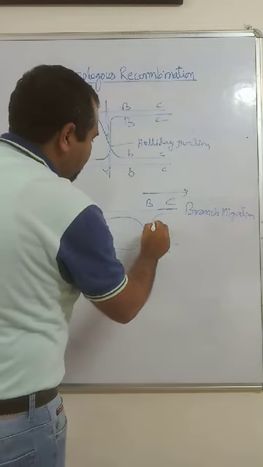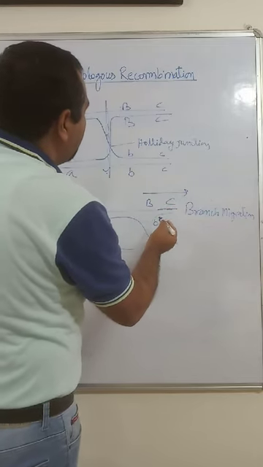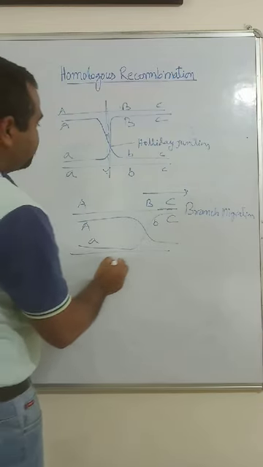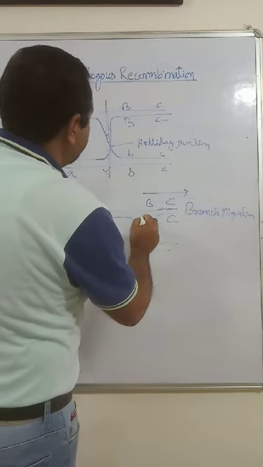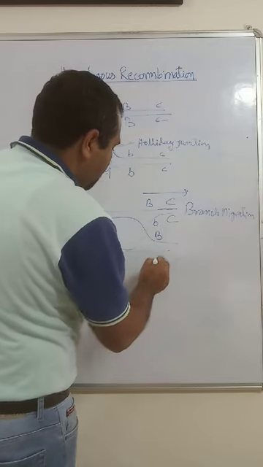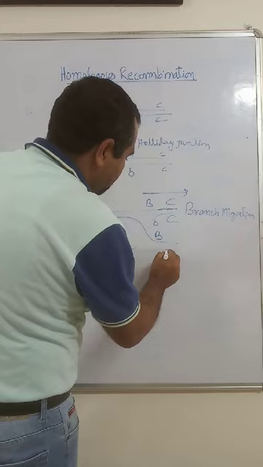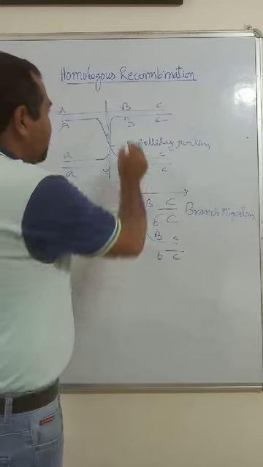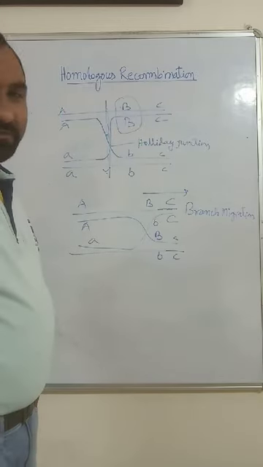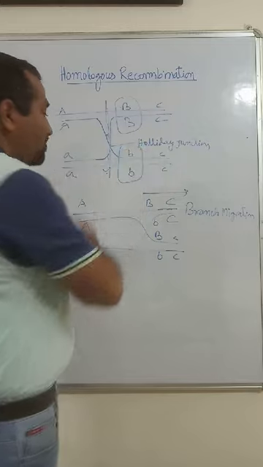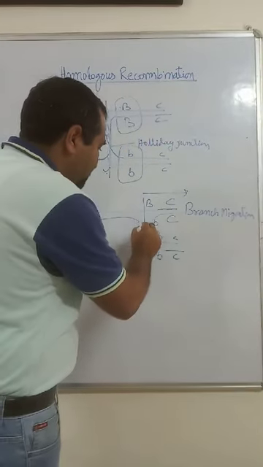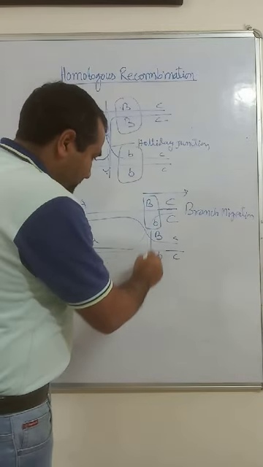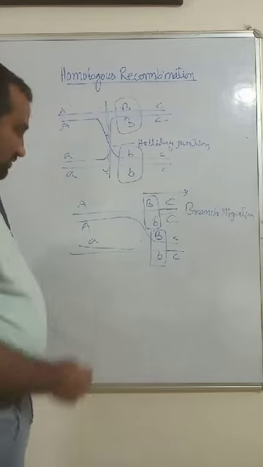So now it has become C and small b, and this is capital C, capital A. So A, and here the B has come down, B and its counterpart, and C and C. So here we observe that initially it was capital B and small b like condition, but after the formation of chiasma it has become capital B, capital B, and small b.